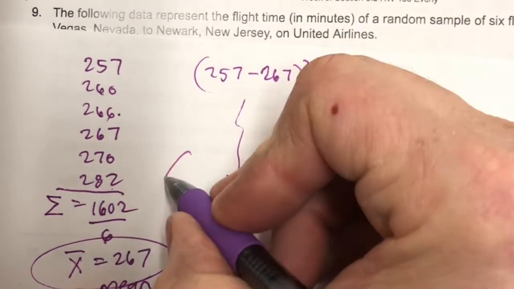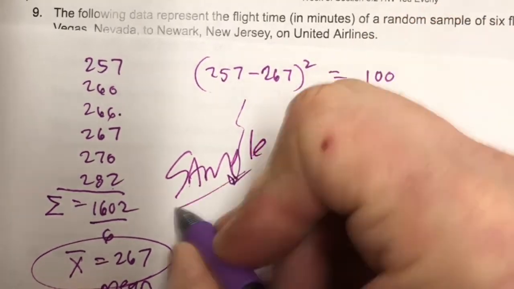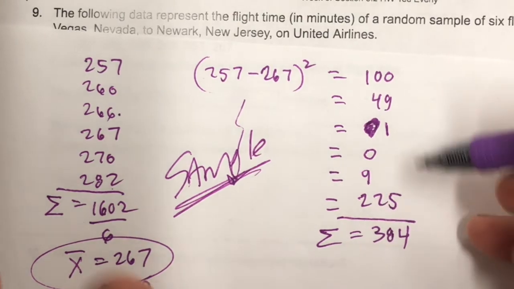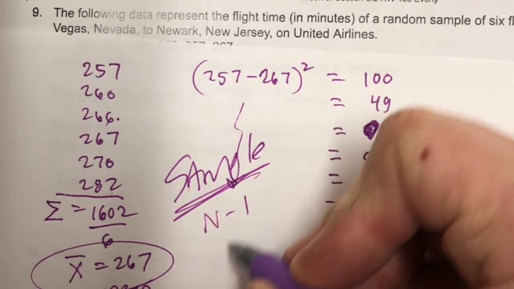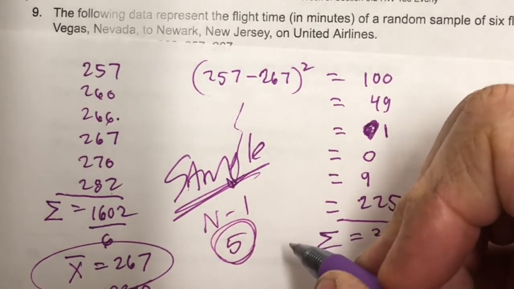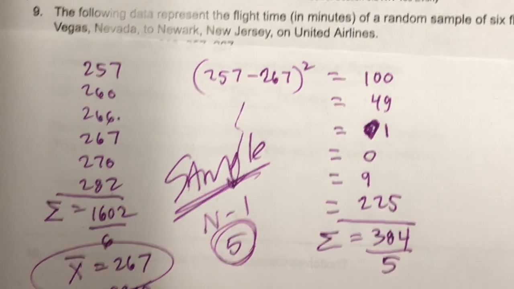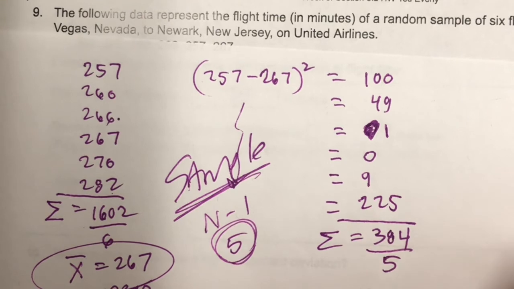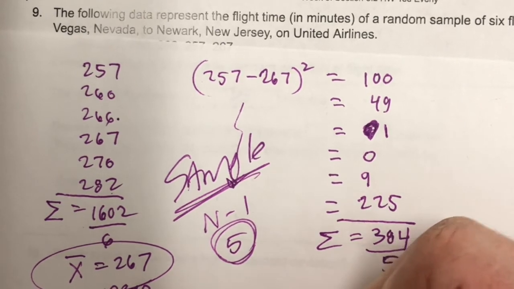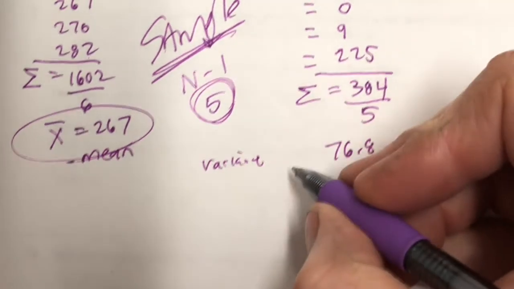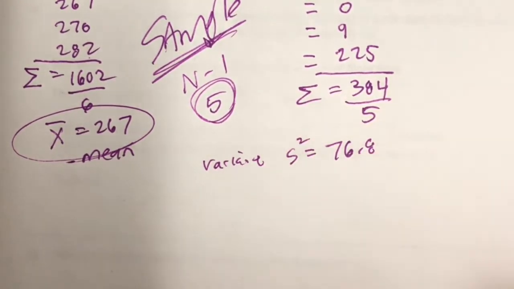Now again, this is a sample, which means since there's 6 of these, there's only 5 degrees of freedom. N minus 1 is 5. So I divide this by 5, which is 76.8. This is my variance, which is my S squared.